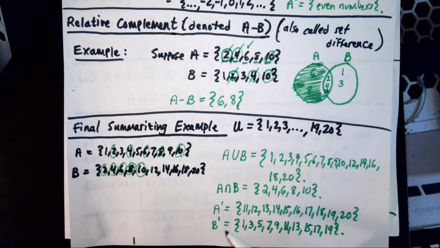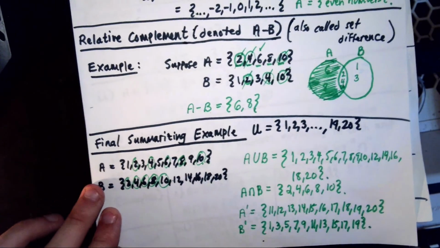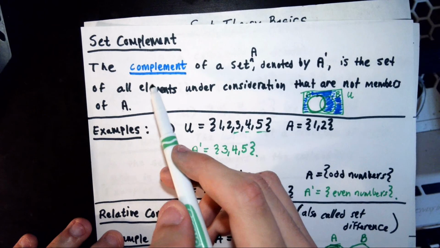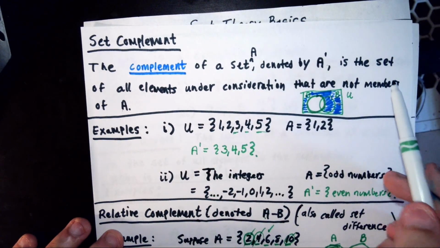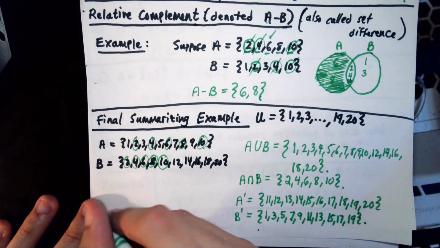Next, we can do set difference or relative complements. Relative meaning we're comparing A to B, rather than with complements, where we're considering a set to the universe. Here with the relative complement, we'll do A minus B first.